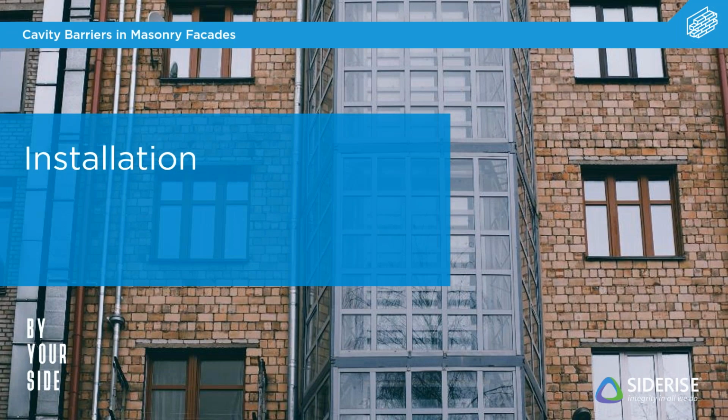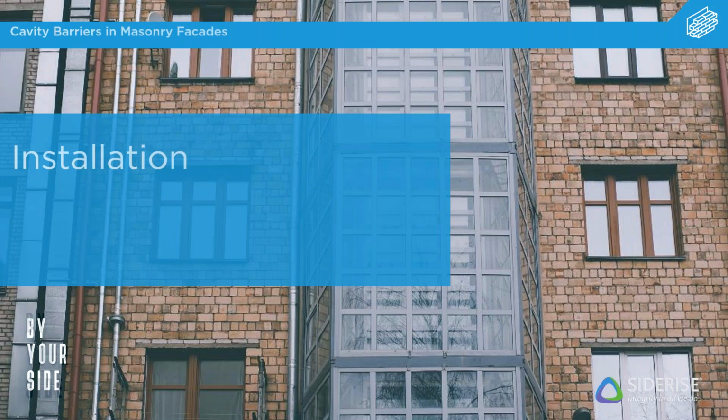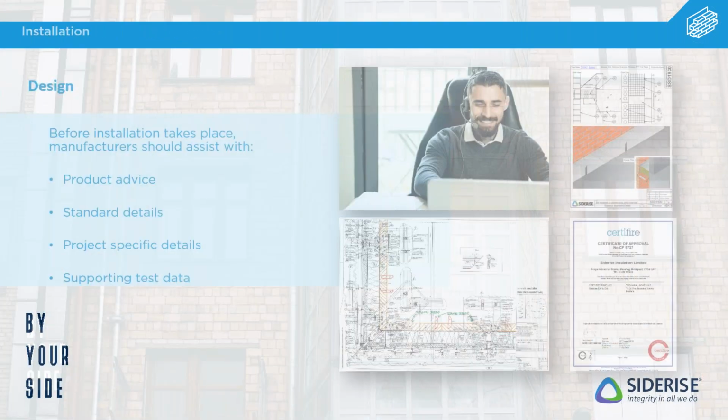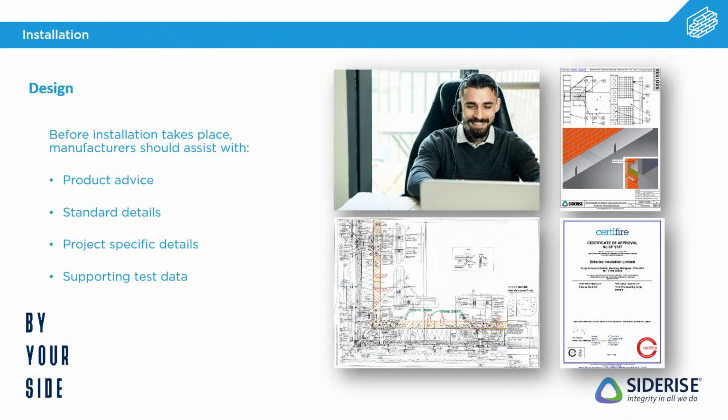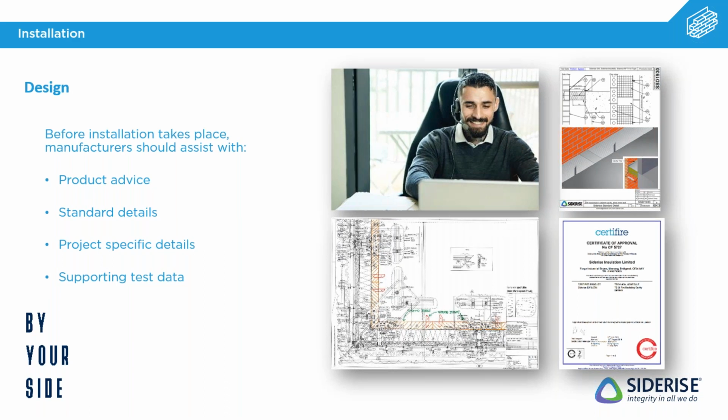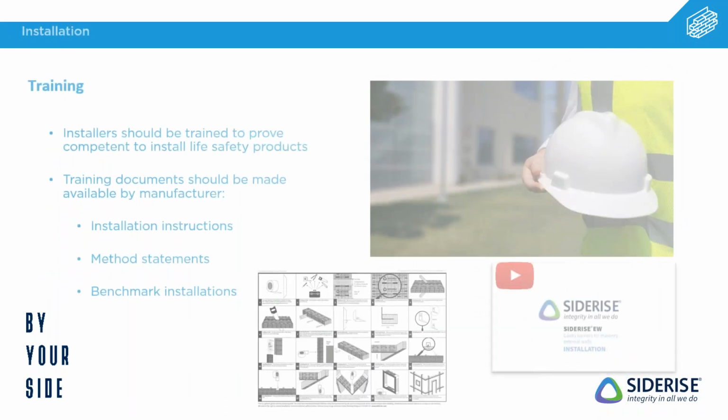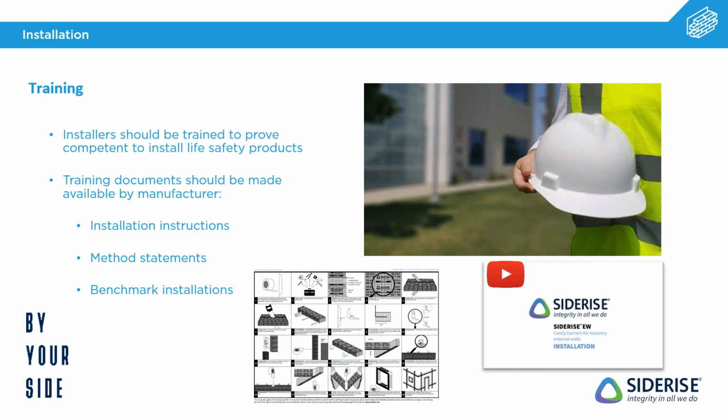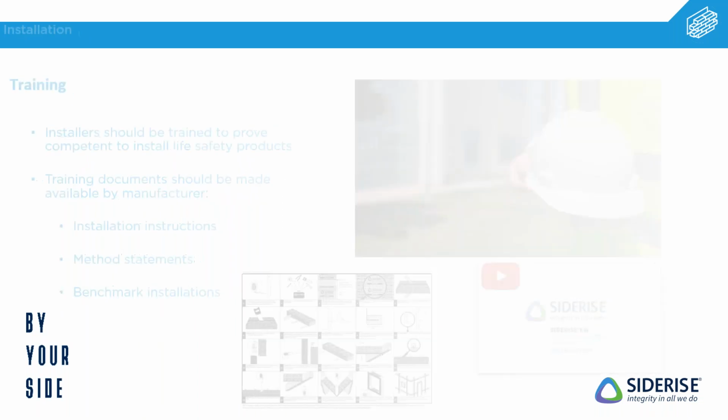So very lastly, just as I said before, in terms of the installation, we get heavily involved in that design stage, helping with all these details, project-specific, standard details, obviously giving general advice and testing information. In terms of training, we have a lot of collateral available, all available on the website and also supplied with the actual product on site, such as the quick guides, to make sure that hopefully they get installed right.